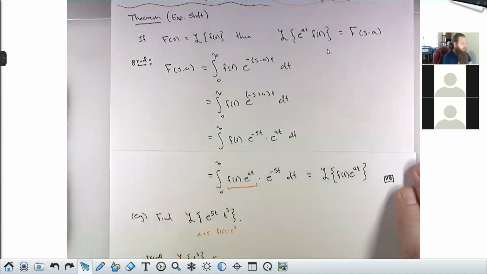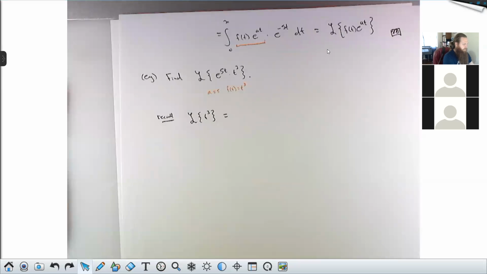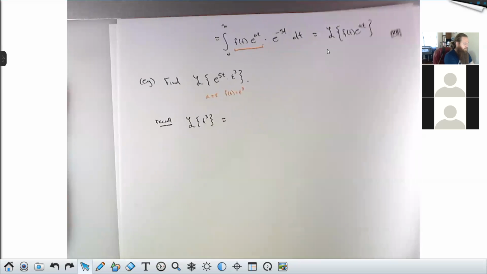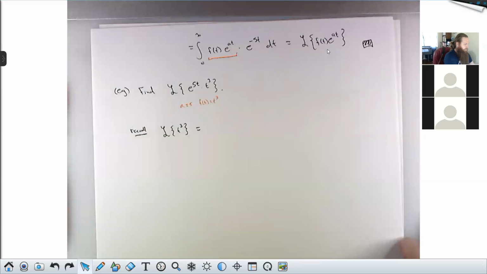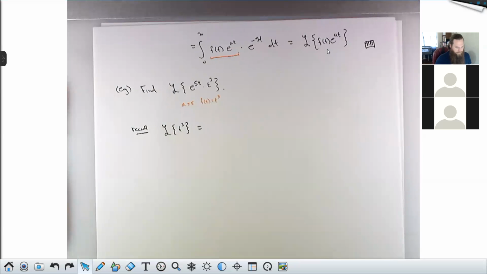And again, you could write down the integral using the definition, but this is something that we should know. We found the Laplace transform of t to the n in general. Anybody remember what the Laplace transform of t to the n is? Factorial over s to the n minus 1. S plus n plus 1. Yes, very close. Yeah, good.